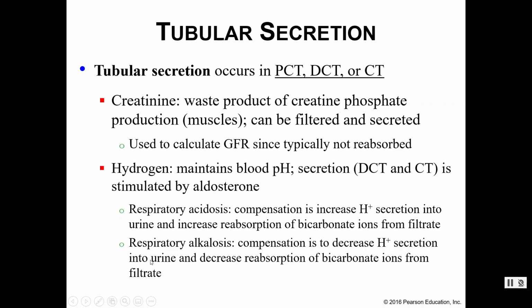And then we also have the opposite, respiratory alkalosis. Perhaps we are hyperventilating. Our blood has become too basic. Who is going to fix our problem? It will be our kidneys. How do we fix an alkalosis?